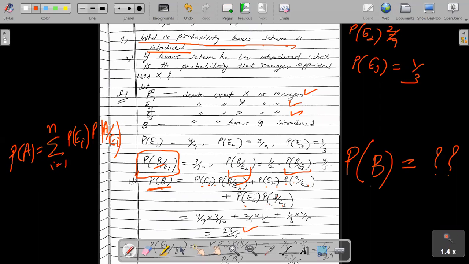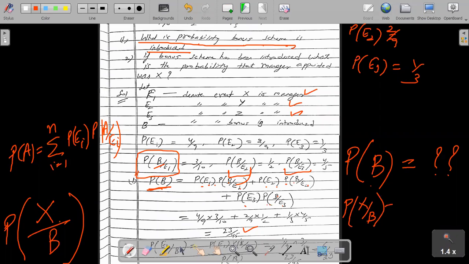And if I ask the second part, if the bonus scheme has been introduced, तो already bonus scheme introduce हो चुकी है, तो B आ गया नीचे. What is the probability that the manager appointed was X? तो आपको निकालना है probability of X mod B. तो ये क्या बन जाएगा?